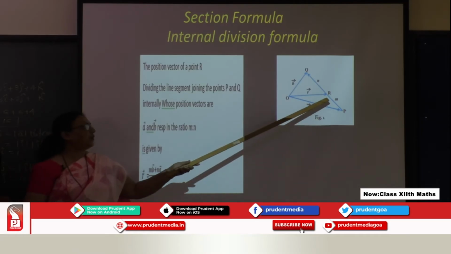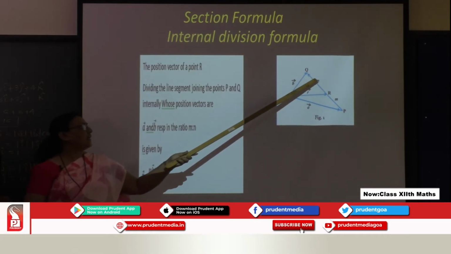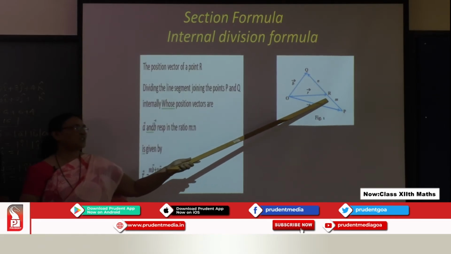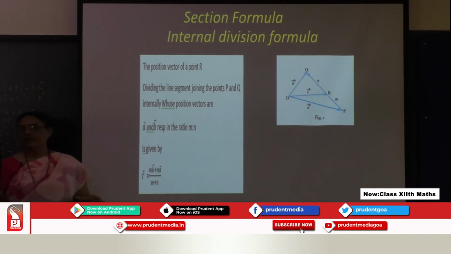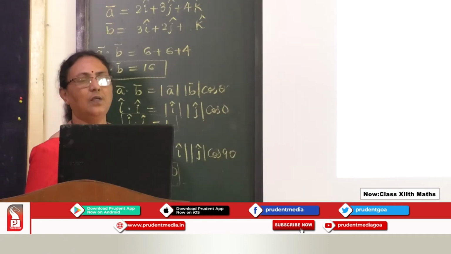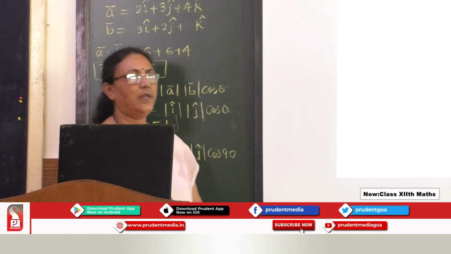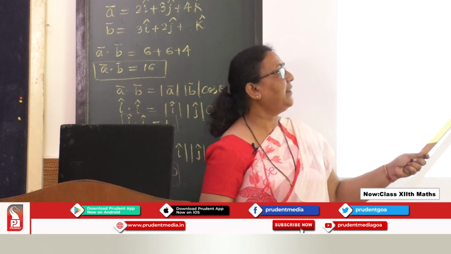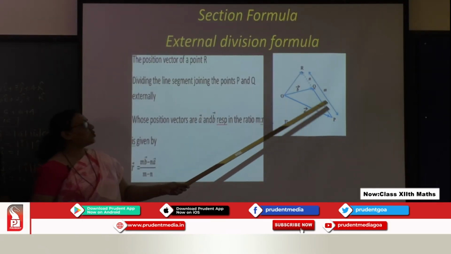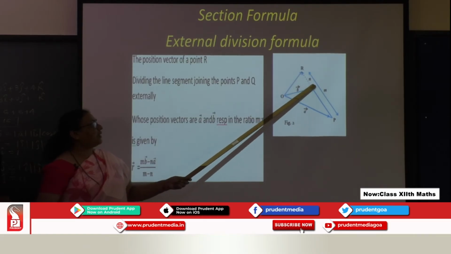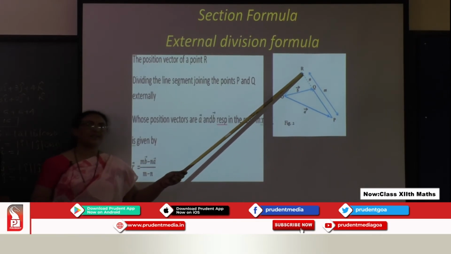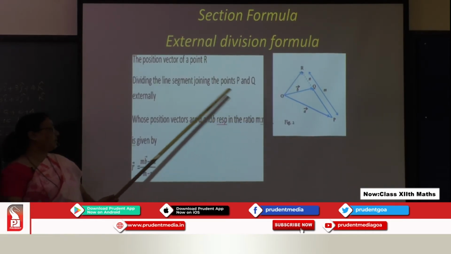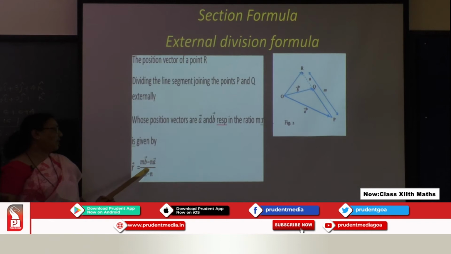So this is the internal division formula. How do you find the coordinates of a point? When the ratio in which the point divides this segment is given, this is the formula you have to write. External division formula. Now see here, in the external division formula, R divides segment PQ externally in the ratio m:n. R is outside this vector, not inside. Then for the coordinates of that point, it is the same formula, but the minus sign will come in between.